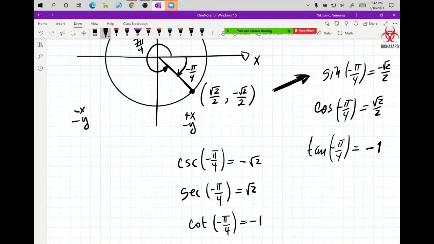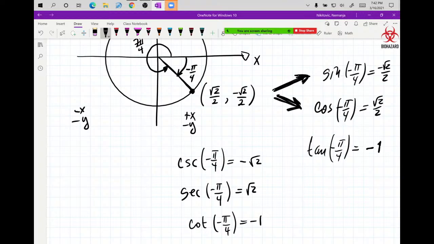Can anyone spot anything interesting regarding these minus signs? I'm just asking you to state the obvious, literally.